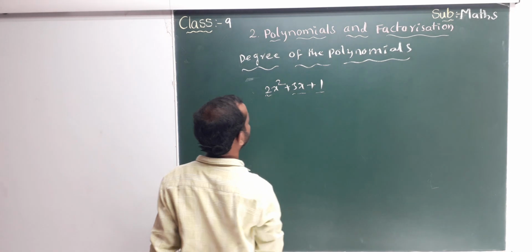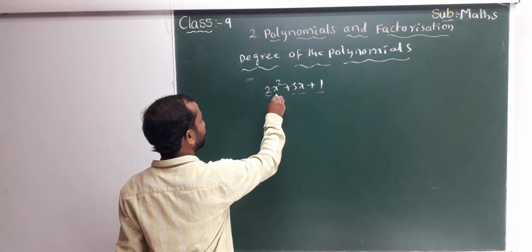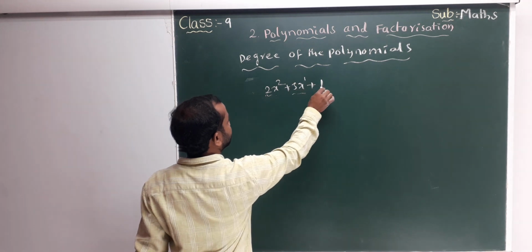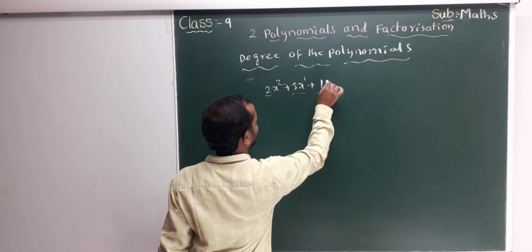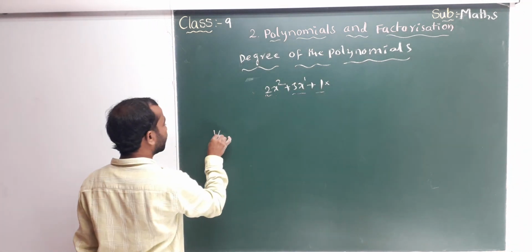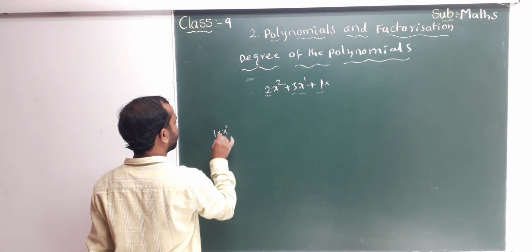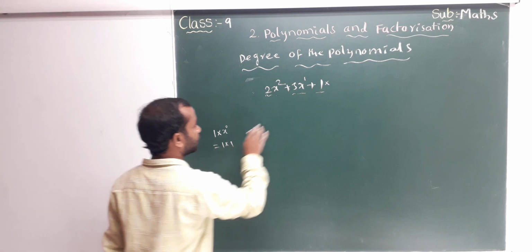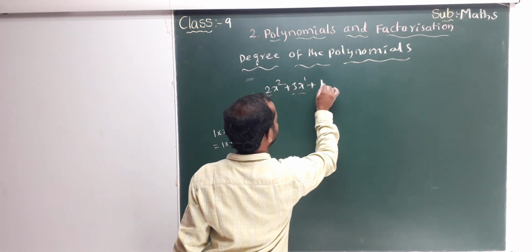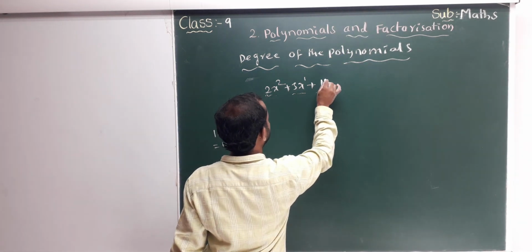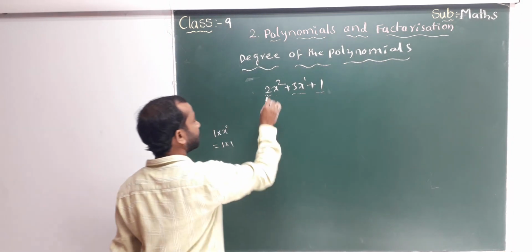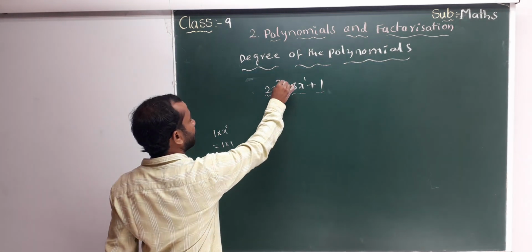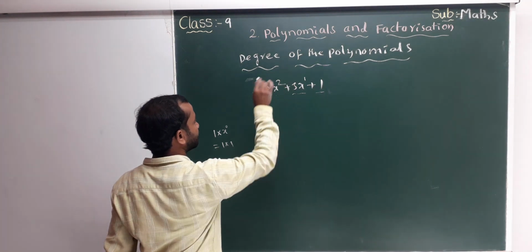The first term's degree is 2, the second term's degree is 1, the third term's degree is 0. Why? Because 1 into x to the power of 0 equals 1, since x to the power of 0 has value 1. So 1 into 1 is 1. So the constant term's power is always 0. Here the highest power is 2, so the degree of the given polynomial is 2.